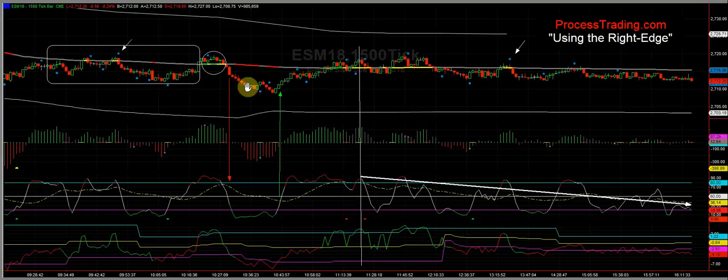When we look at Friday just visually, we see that it wasn't a trending day and there was no volatility to it. We could tell that a little bit because the Process Trading VWAP here is a support and resistance line. When it's gray, you can trade to the downside, and when it's yellow, you can trade to the upside.